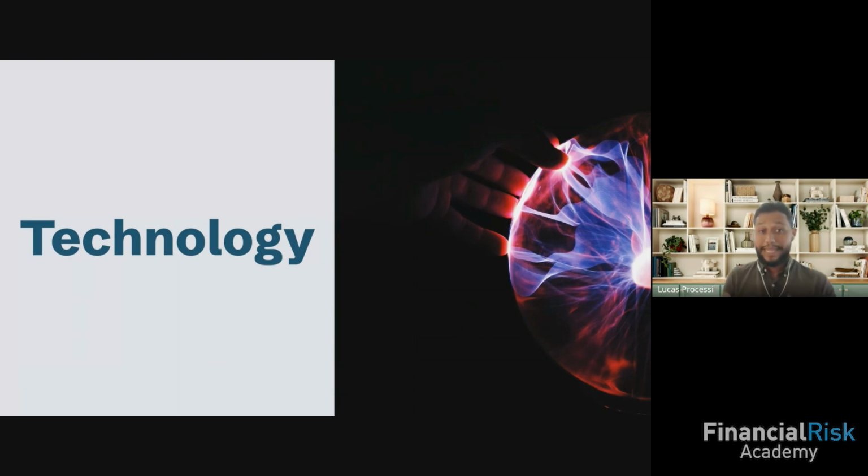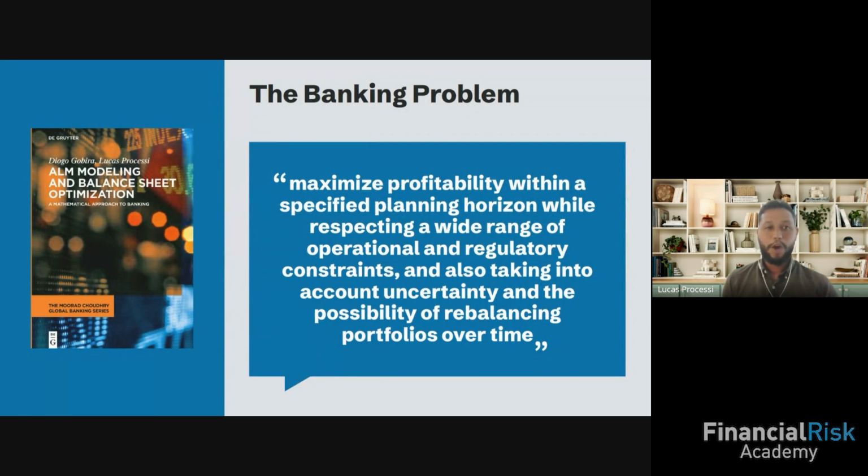All right, now I'm going to take a little pause to explain the technology that we are using in order to create all those constraints and process all those inputs and create optimal decisions, okay? This is an excerpt from our book, ALM Modeling and Balance Sheet Optimization, with what we call the banking problem.